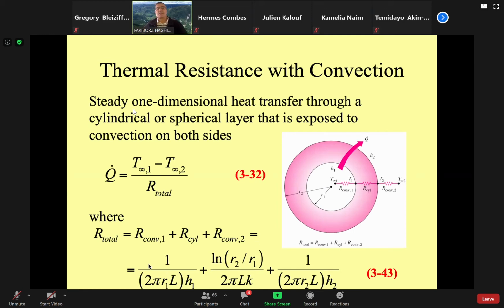Therefore, keep in mind, when you're defining resistance for convection, this is the area that the fluid is in contact with, the interior surface, 2 pi r1 L. If you're dealing with the outside, the area changes and becomes 2 pi r2 L, because the outside convection is dealing with this outer surface, okay?